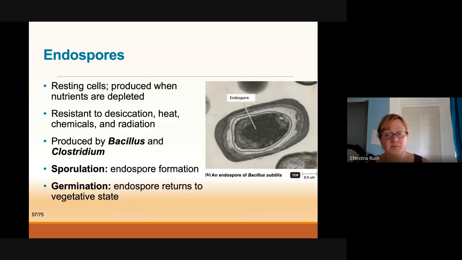We find endospores in a number of different cells, but for example, we're just using Bacillus and Clostridium here. Like Bacillus anthracis, you've heard of anthrax, right? Sporulation is endospore formation, and germination is when the endospore returns to a vegetative or metabolically active state.